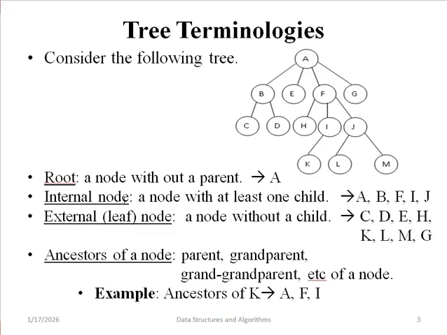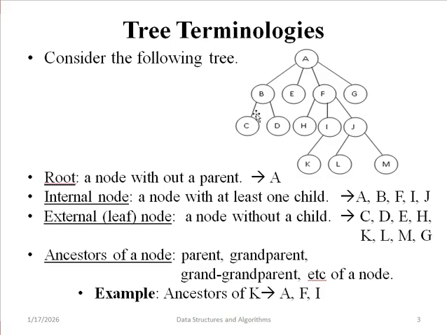Internal nodes: a node with at least one child. The root node itself can be considered an internal node, because an internal node is one with at least one child. Here A has 4 children, so it is an internal node.